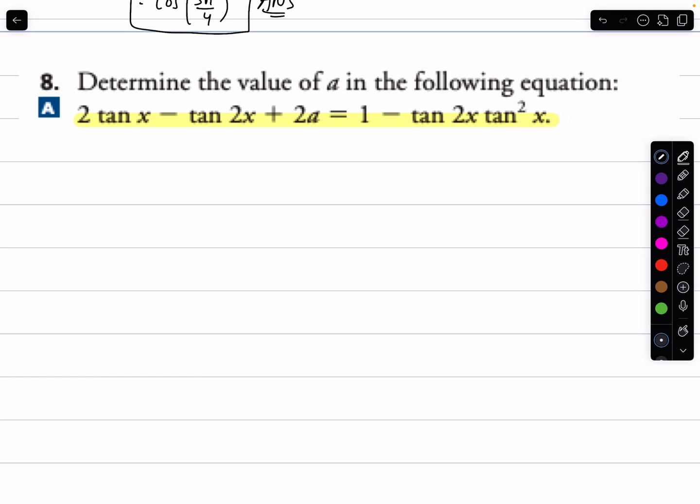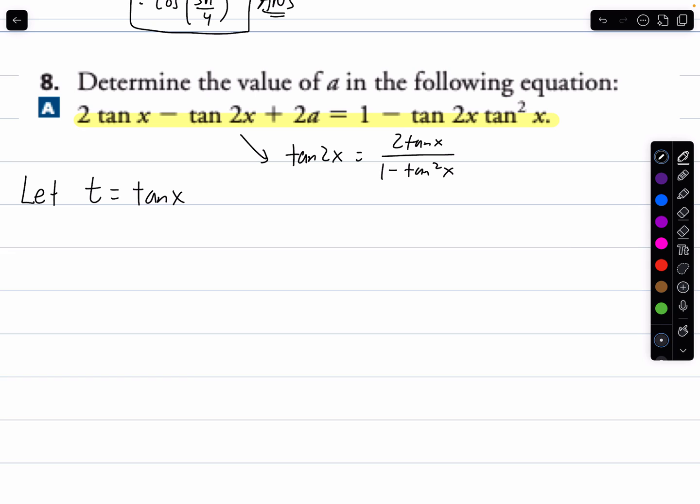So the first thing I want to do when I solve this out is I'm going to say let t equal tan x. And I'm going to do this because it's going to make my life a whole lot easier. Now what I notice over here is with this tan 2x, we actually have a double angle formula for tan 2x, right? Tan 2x has the double angle formula 2 tan x all over 1 minus tan squared x, right?